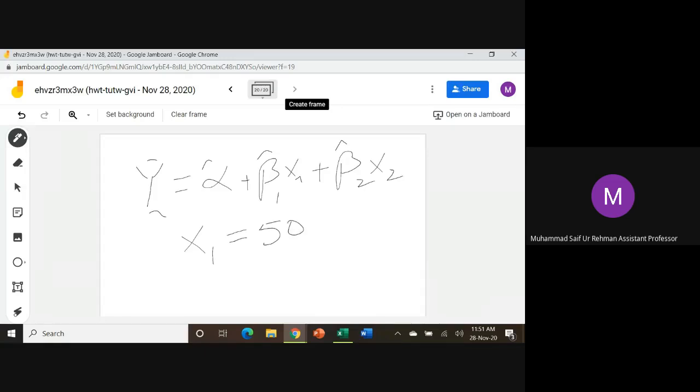So what is their income? Y hat is basically the salary. So you may take another example where you may take x1 as the service length.